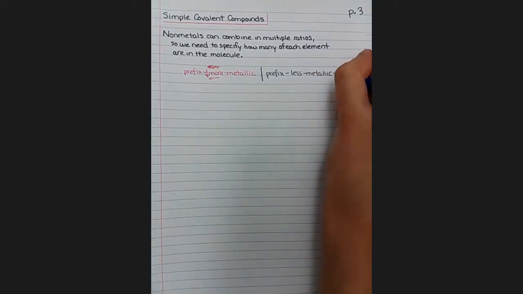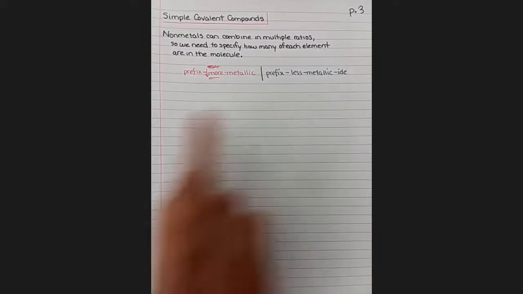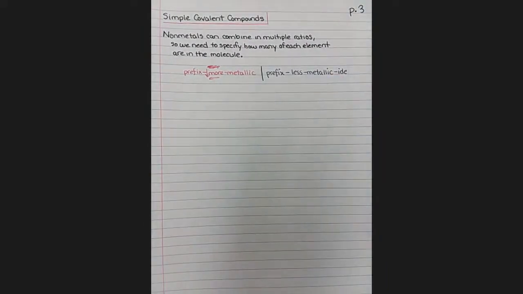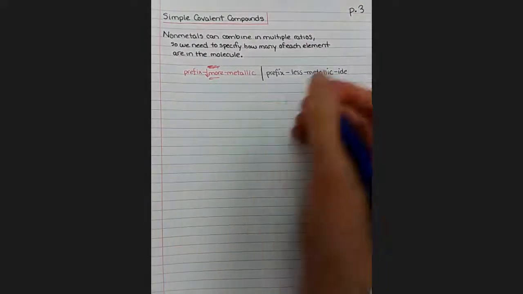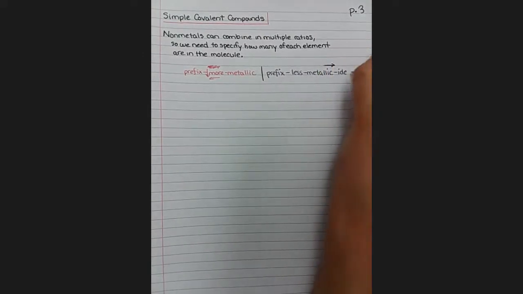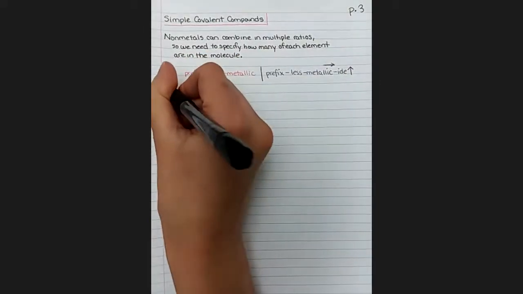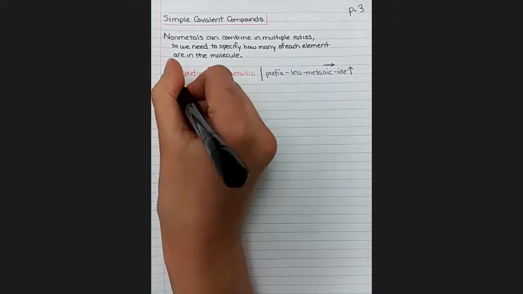And then we have that same "-ide" suffix at the end to indicate that this is a compound. And the less metallic elements are going to be over towards the top and right part of the table. So it's pretty similar to what we did before, just with a little bit more information.